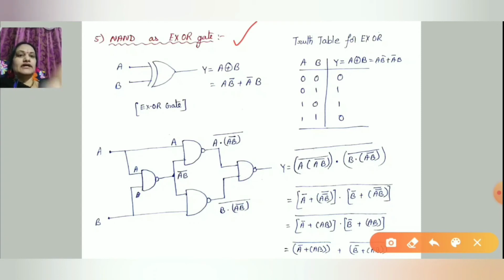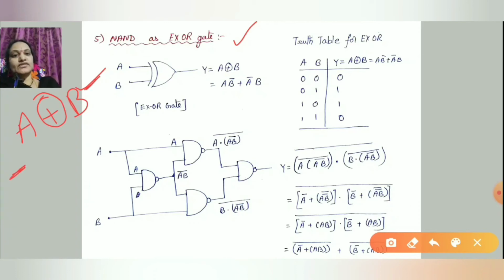Okay. For XOR gate, the output is A XOR B. The symbol is called as XOR, that is plus surrounded by a circle. This is called as A XOR B. Actually, this is equals to A B complement plus A bar B. Okay.